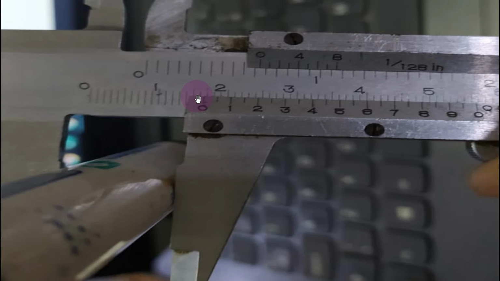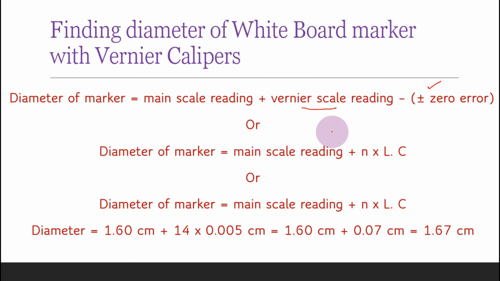This is the main scale reading. And if you see the coinciding digit, it was here. This 7 is coinciding, but this 7 is 14 basically, because there are submarks in it, which I told you earlier.